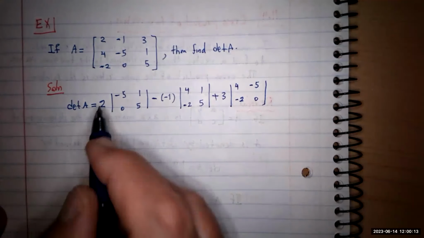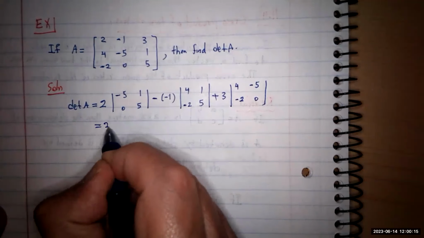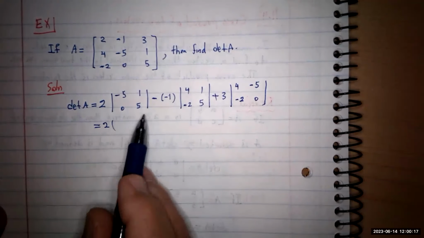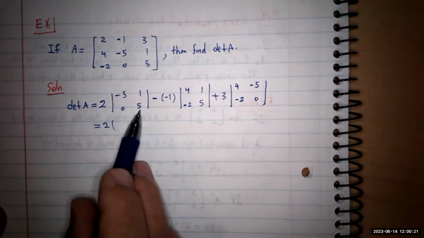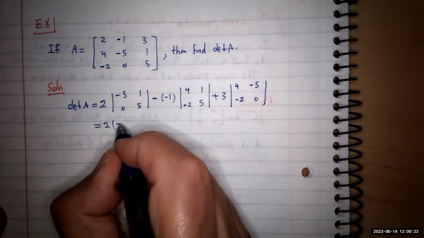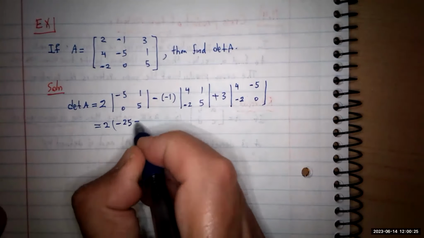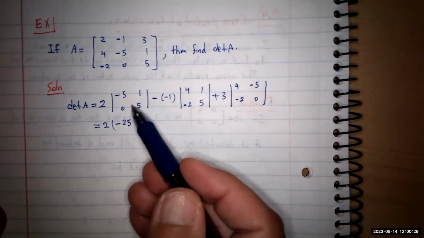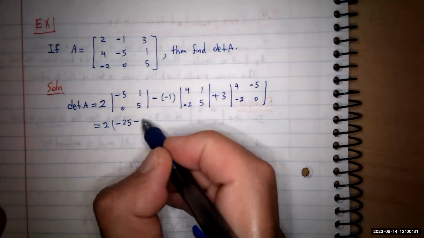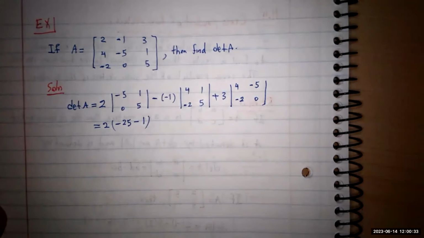Now the determinant is going to be 2 times the determinant of a matrix. Remember, you multiply these two together. Negative 5 times 5 would be negative 25. Minus, you multiply these two together. 0 times 1 would be 0. That's the first one. Cross multiply to get this.